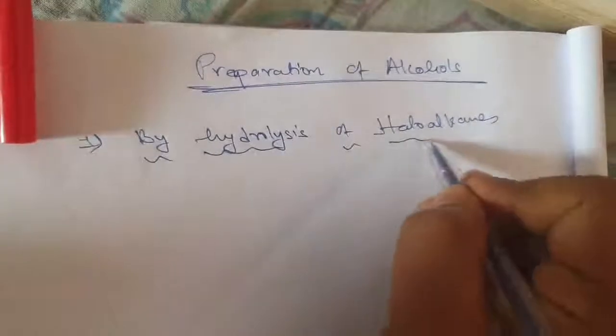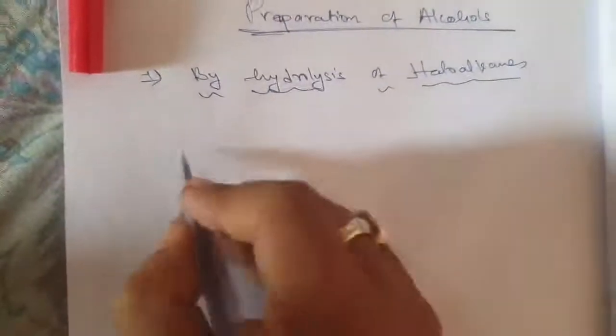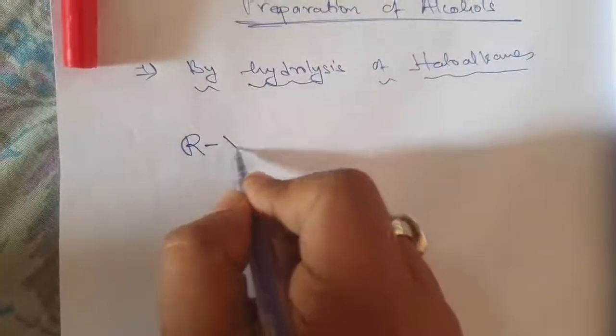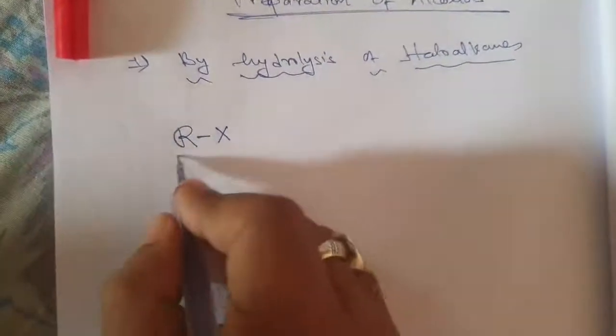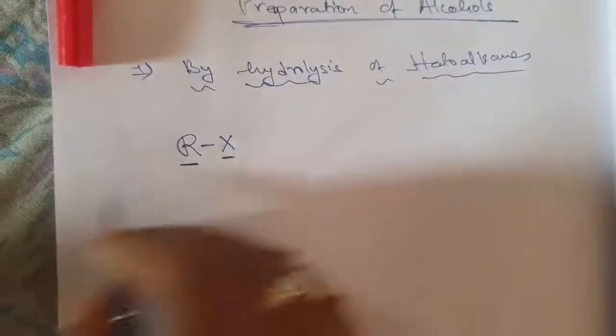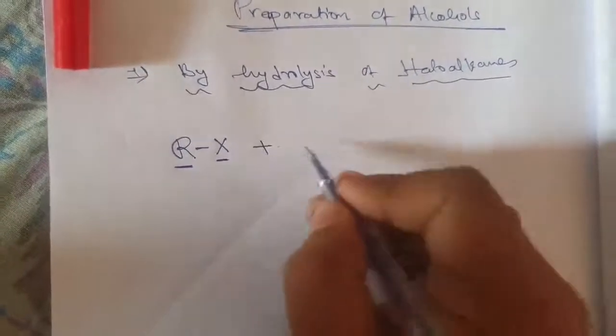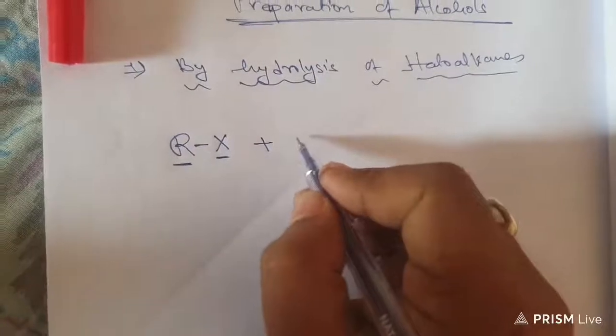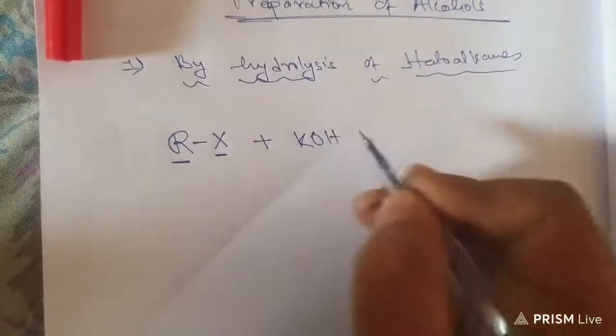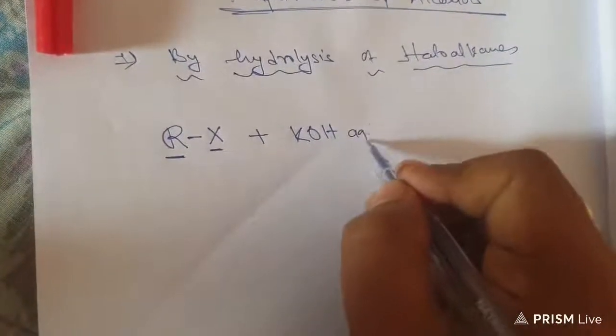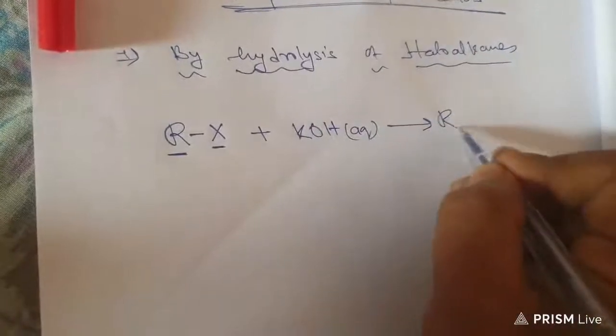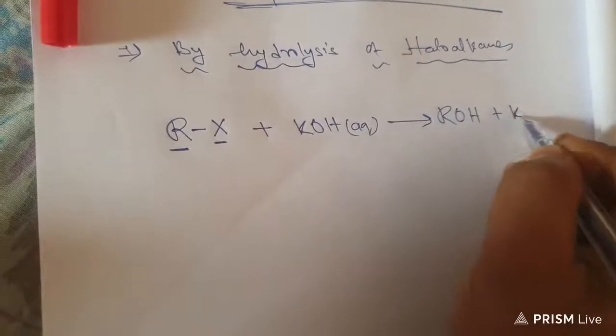So when you go with the hydrolysis of haloalkanes, suppose there is a haloalkane. The general representation of a haloalkane is RX, where R is an alkyl group and X is a halogen. If you treat it with aqueous KOH, you will get ROH plus KX.